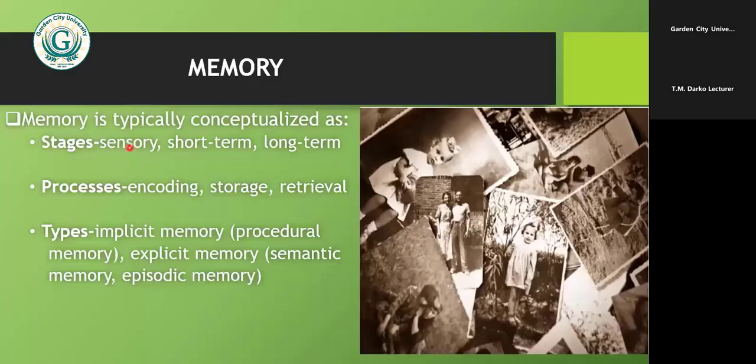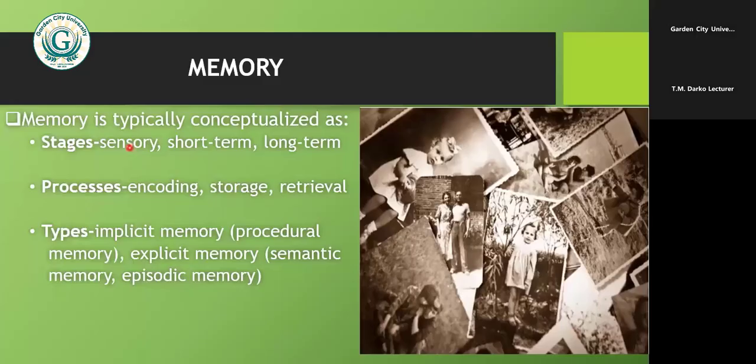So when you refuse to rehearse whatever information you've gotten, the next process that happens is what we call forgetfulness. You forget everything, or decay. Whatever information was stored previously will be decayed.